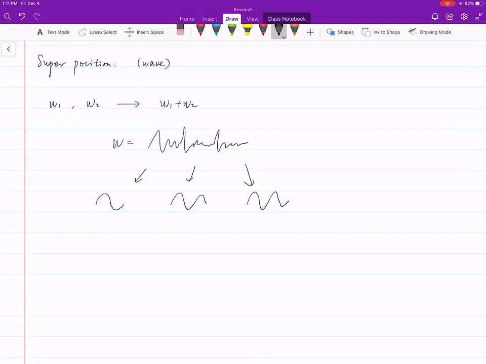Then doing an operation on this, for example, you can amplify it, you can interfere it with some other things, you can give a resonance to it, you can interact it with the electrical force, field, whatever. It's the same as doing the same operation on each one. Then each one changes.